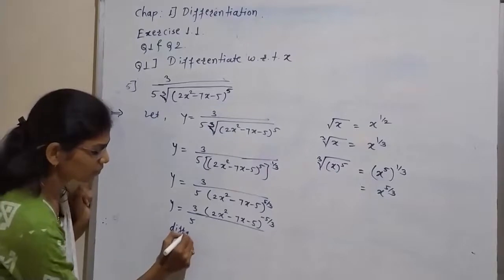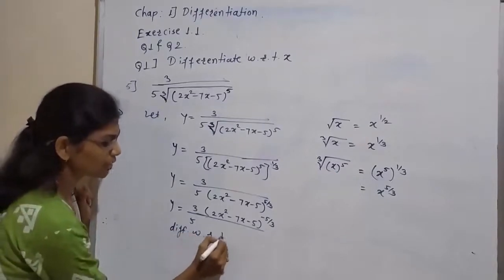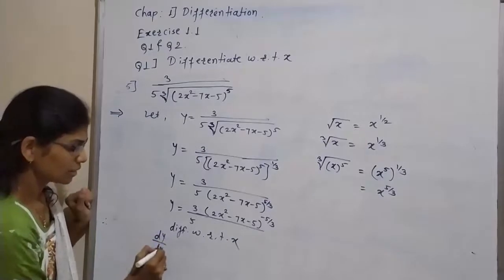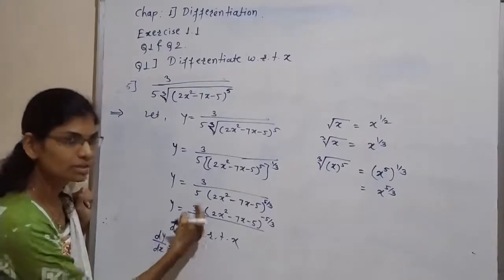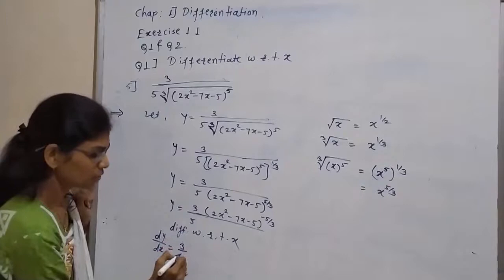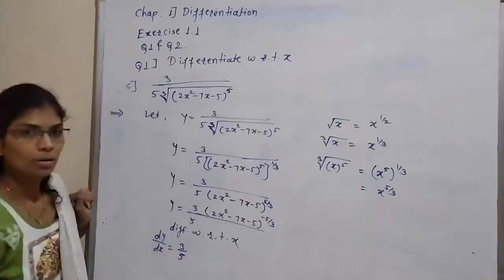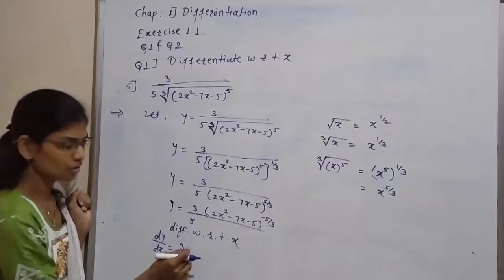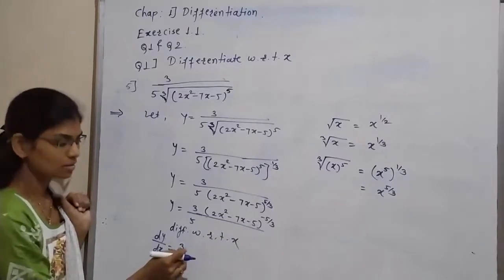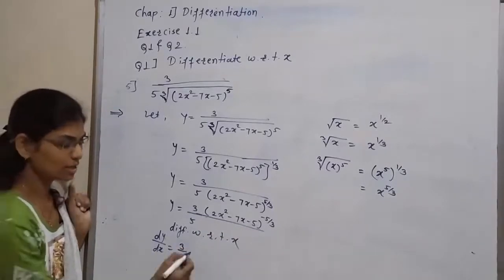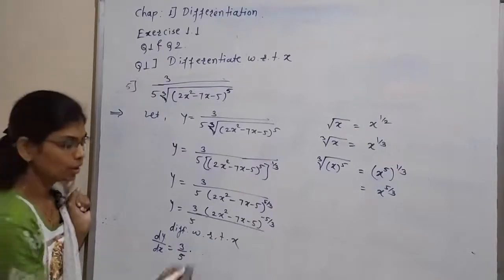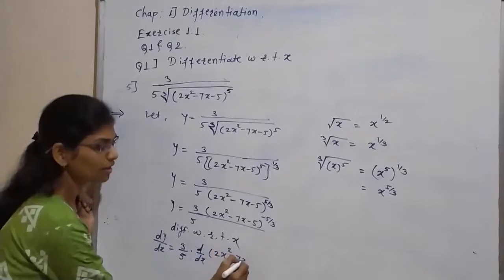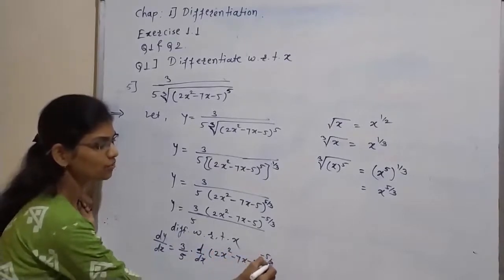Differentiate with respect to x. dy by dx is equal to 3 by 5, which is a constant term. That is why we take 3 by 5 as it is, multiplied by the derivative of (2x² minus 7x minus 5) raised to minus 5 by 3.